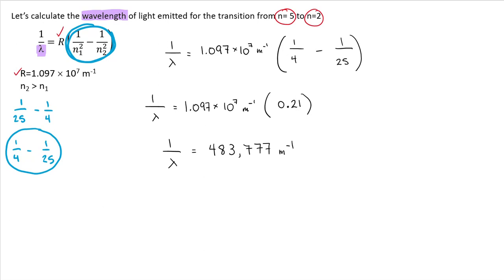If you don't know what that means, multiply both sides by the wavelength. That gets it out of the denominator on the left. So then 1 equals 483,777 times the wavelength. Then divide both sides by that 483,777.